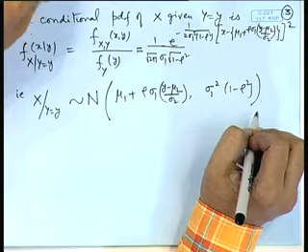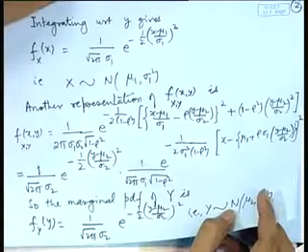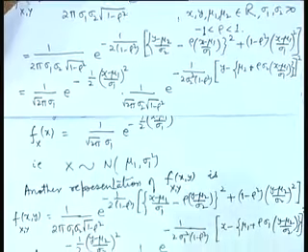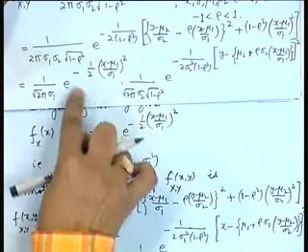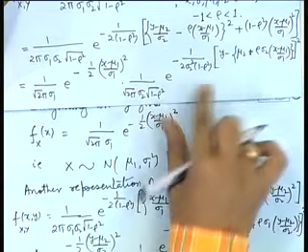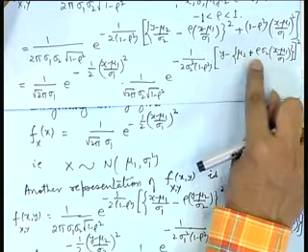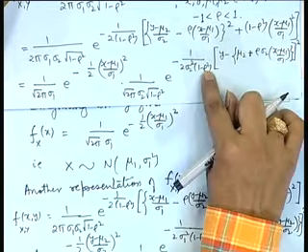In a similar way, notice here that the joint distribution of (x, y) was earlier factorized like this, and if we divide by the marginal distribution of x, then this term gets cancelled out and we are left with this term, which is again a normal distribution with a certain mean and a certain variance.